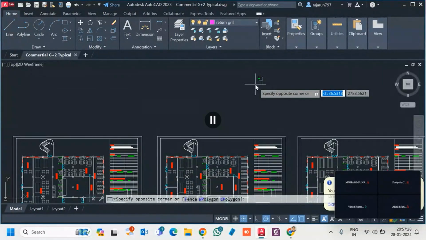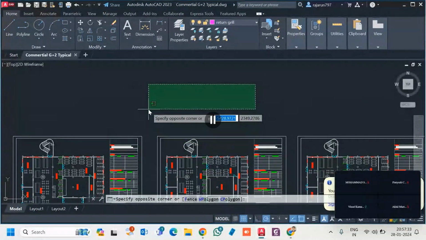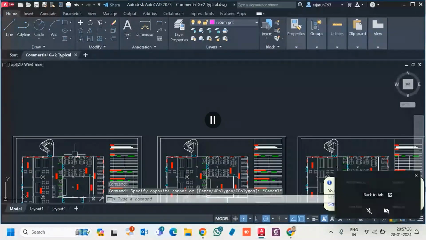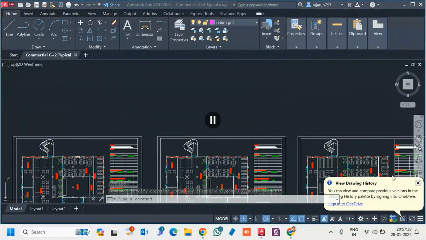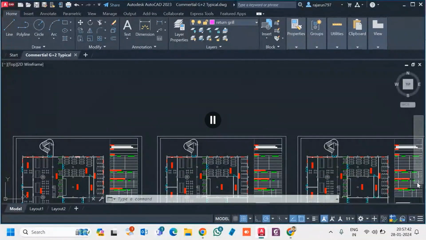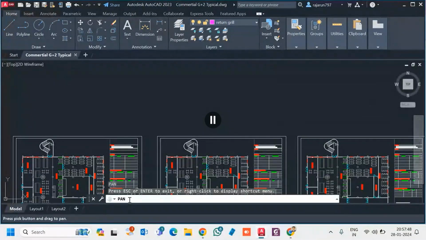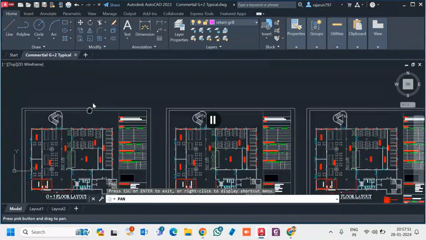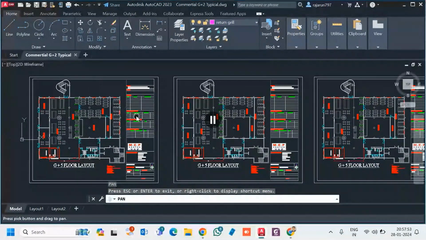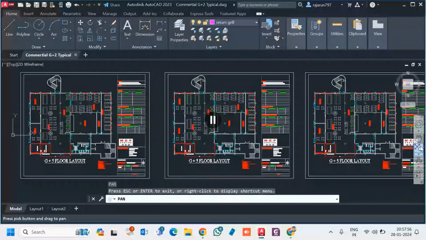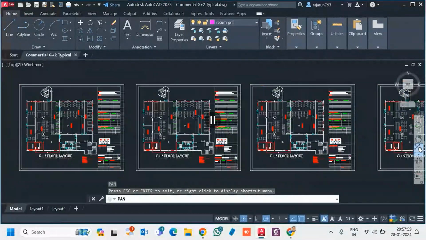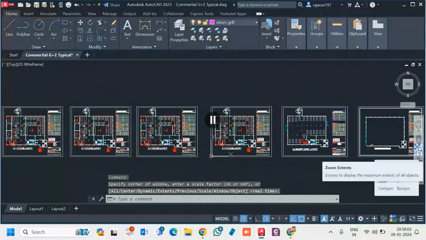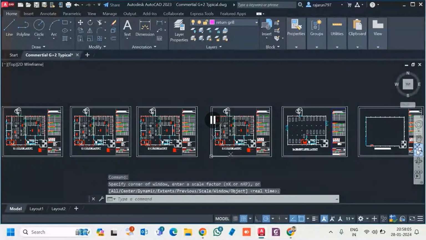Come to floor 1, first floor. Use P enter. Yeah, zoom it. Not that floor, that one only. Zoom that.